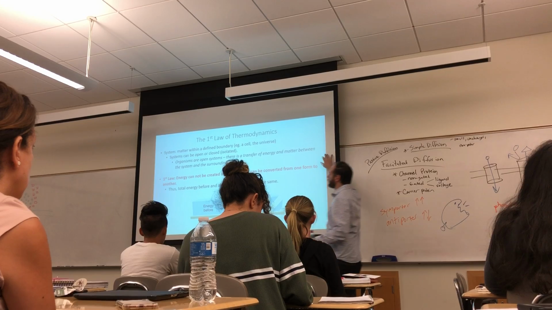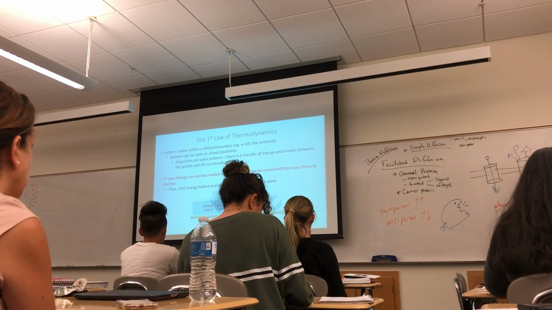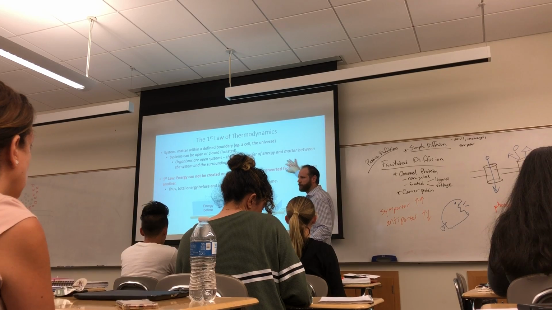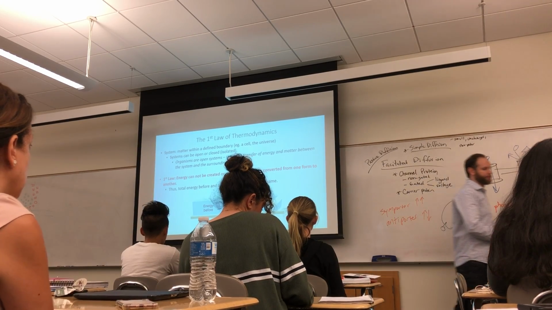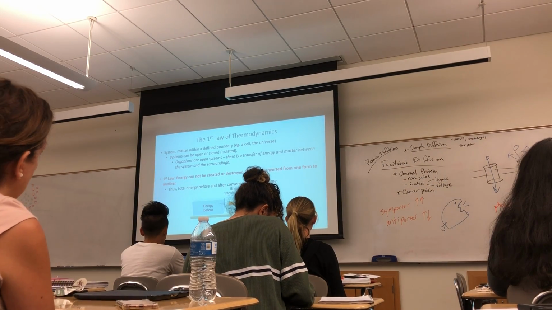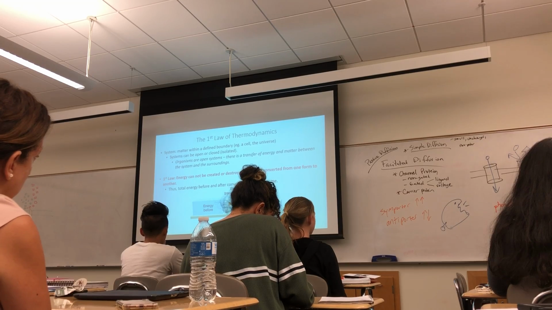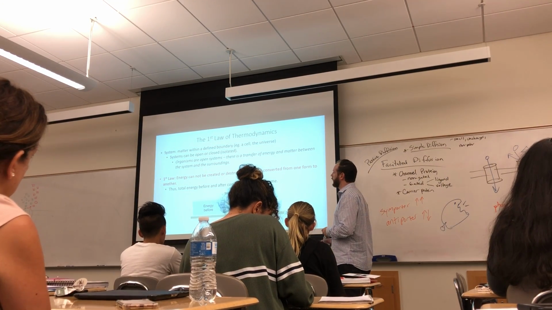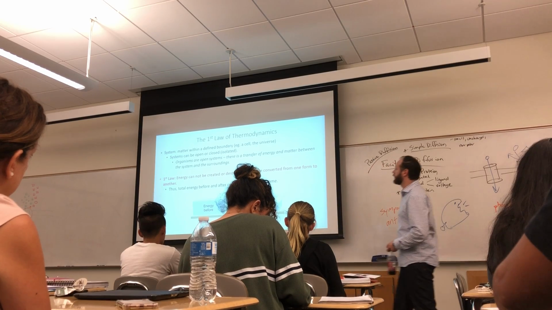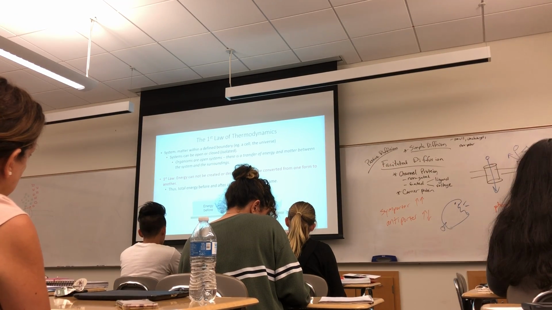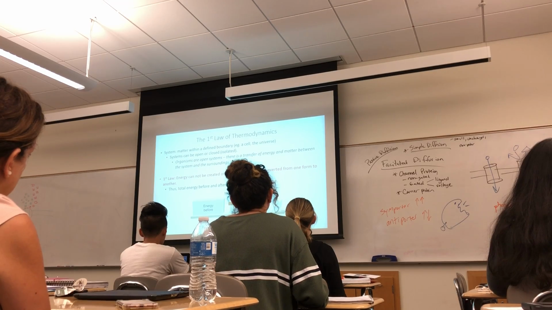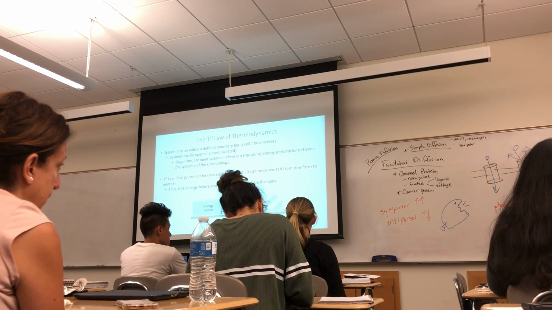Organisms are open systems. What that means is that you have a transfer of energy between the system and the surroundings all the time. So biological entities are transferring energy between themselves and their surroundings all the time. Now, the first law of thermodynamics: energy cannot be created or destroyed. Okay, so I'm going to get really particular, and I'm going to expect you to be very particular about me.